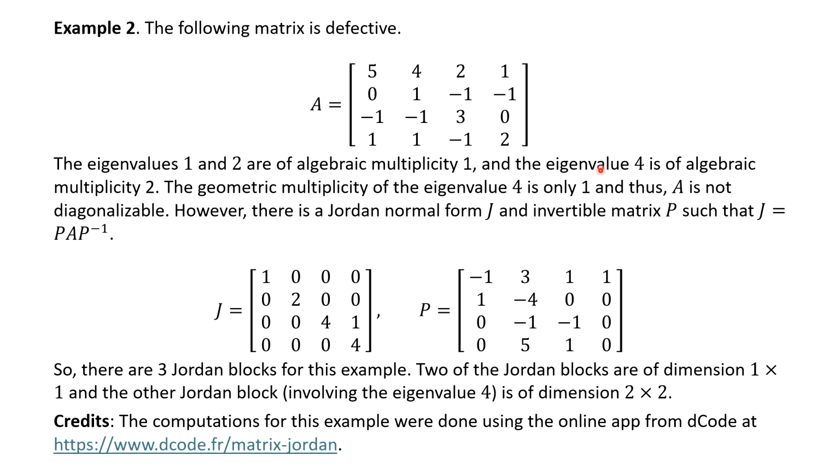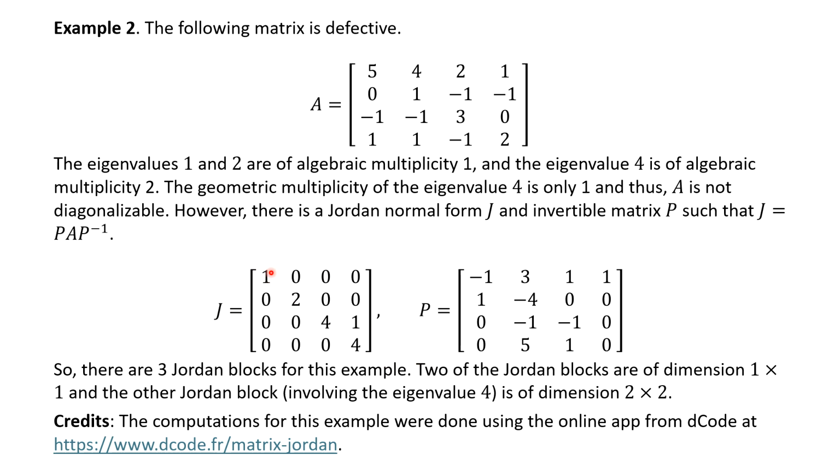And then another eigenvalue of 4 that's of algebraic multiplicity 2. The geometric multiplicity of the eigenvalue 4 is only 1, and thus A is not diagonalizable. However, there is a Jordan normal form J and invertible matrix P such that J equals P A P inverse. So I used this app to get the P and also J.